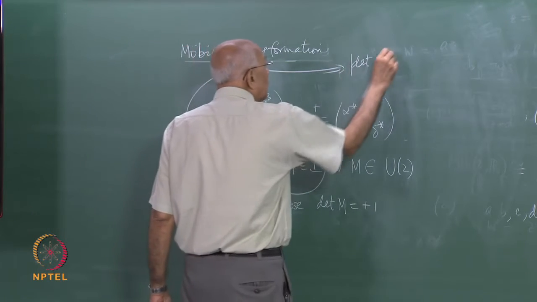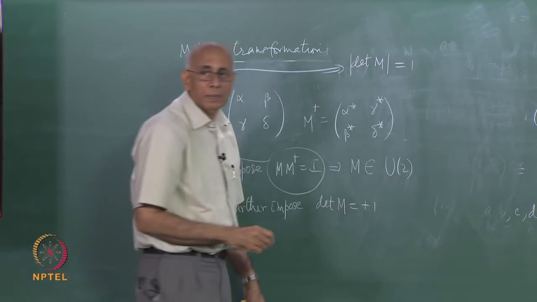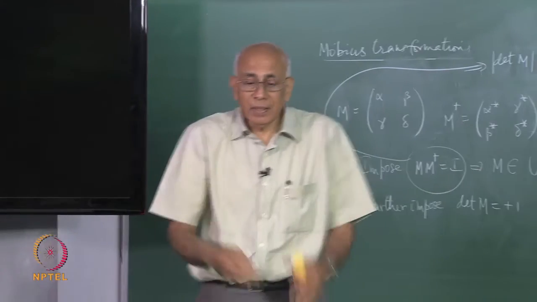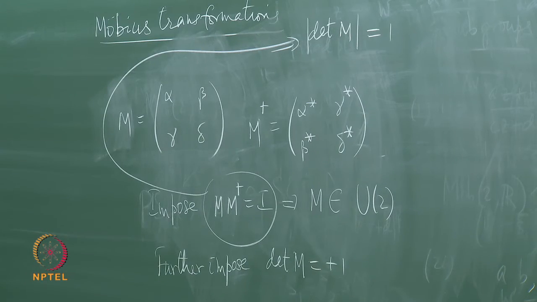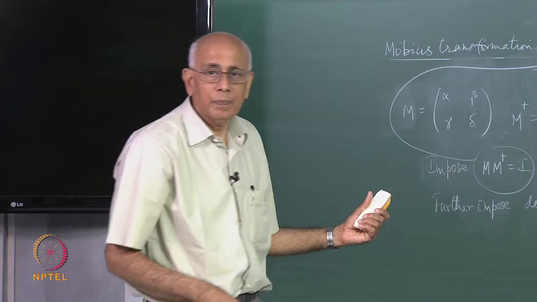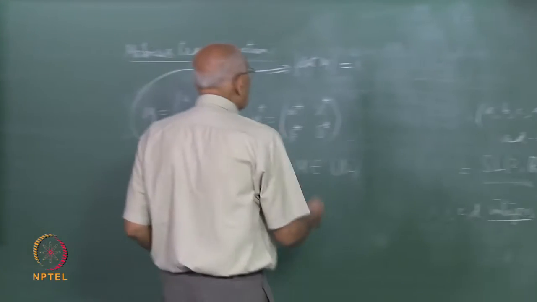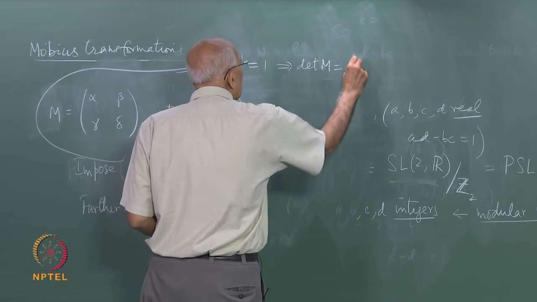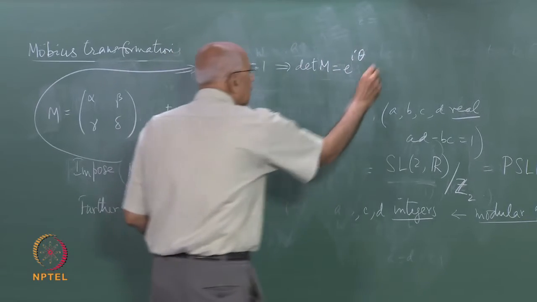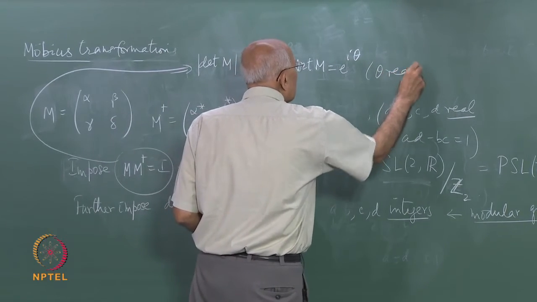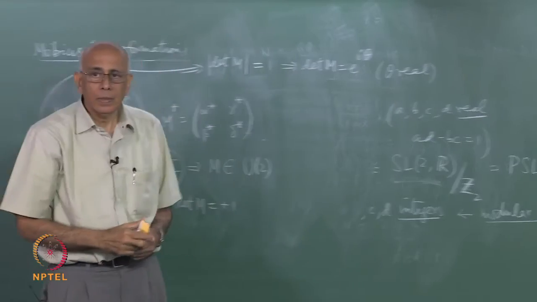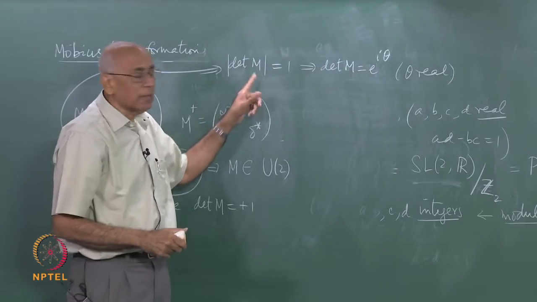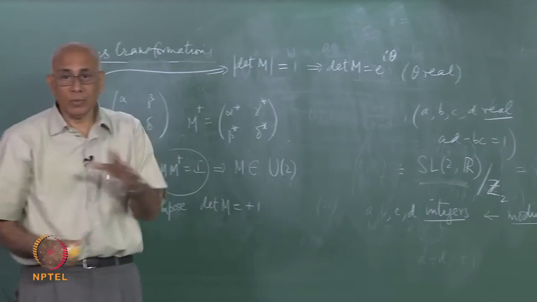Yes, it says modulus determinant M equal to 1. But these are complex entries. So what does it say about determinant M? It is a pure phase factor, e to the i theta, where theta is real. So you should not be fooled into saying this immediately implies that determinant M is +1 or -1.